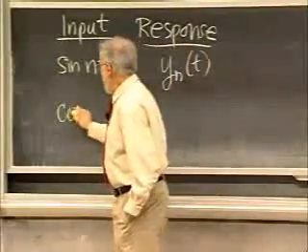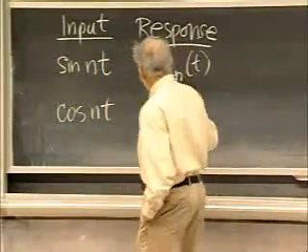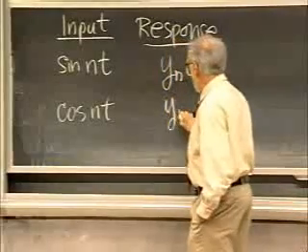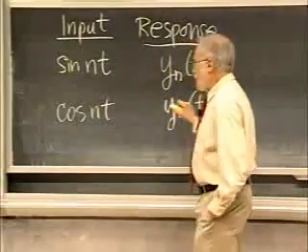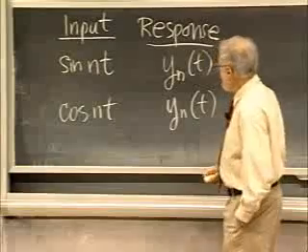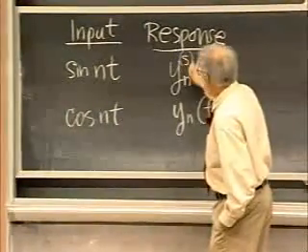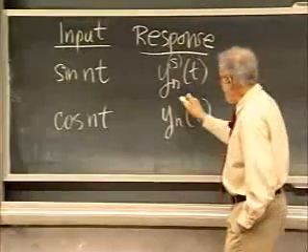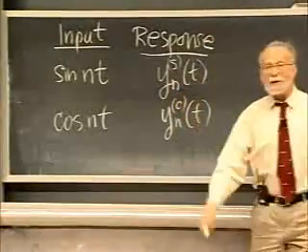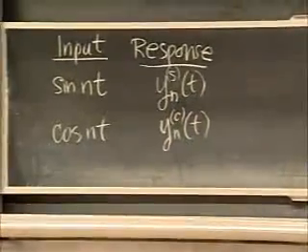And if the input is cosine nt, that will have a response yn. Now, I really can't call them both by the same name, so why don't we put a little s up here to indicate that that's the response to the sine, and here I'll put a little c to indicate it's the answer to the cosine.